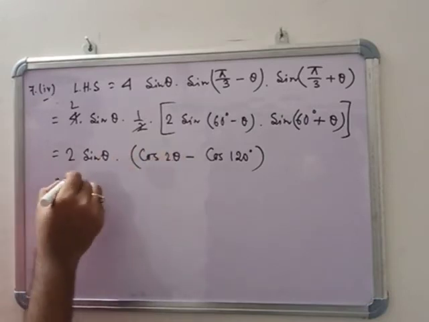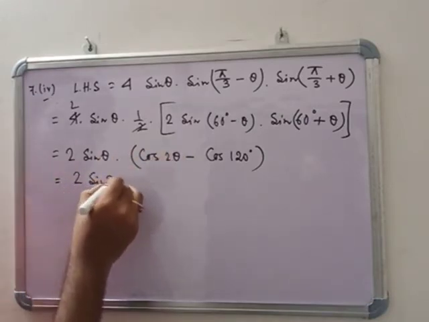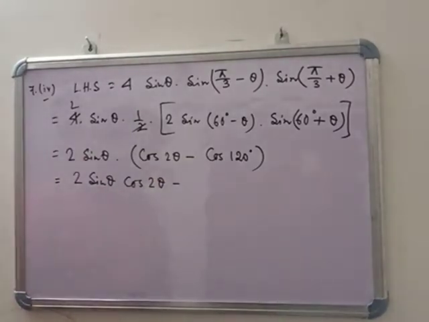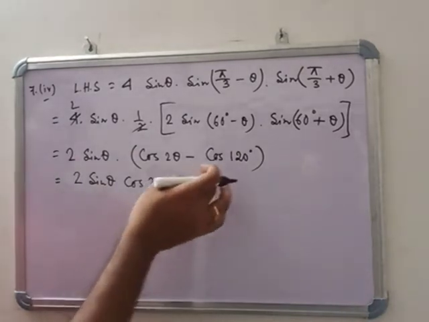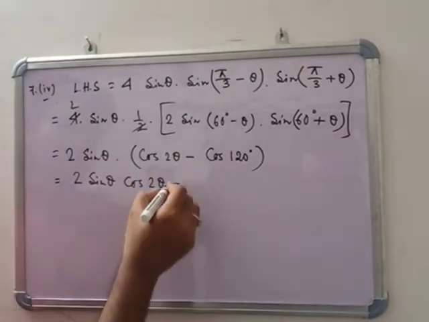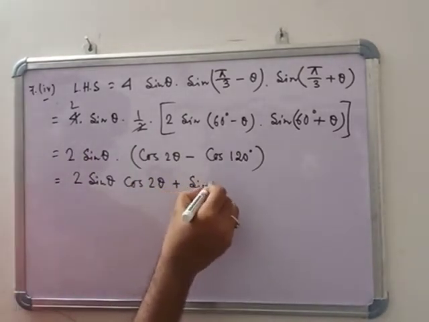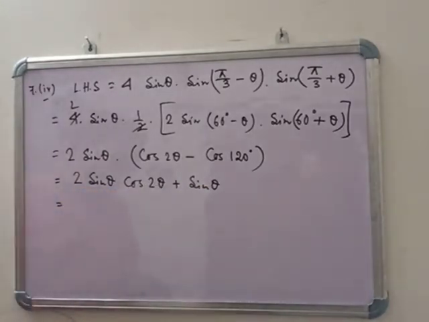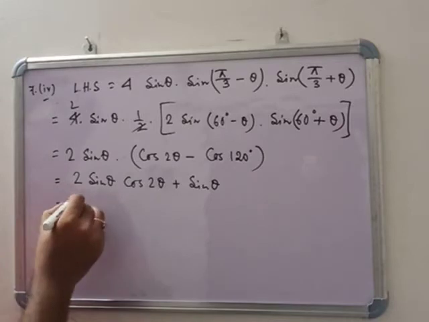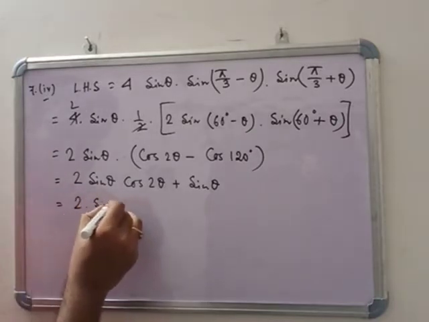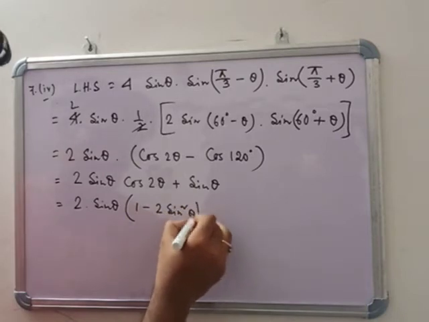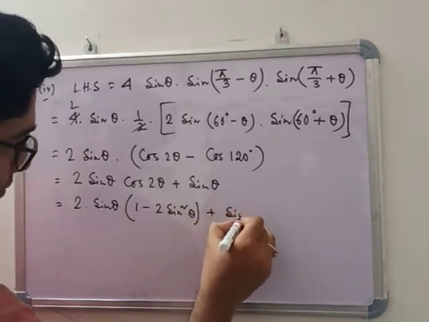So if we multiply, we get 2 sine theta cos 2 theta minus 2 sine theta cos 120 degree. That means minus half. So minus half into 2, that means 1. So plus sine theta. So now cos 2 theta means we know that 1 minus 2 sine squared theta. 2 sine theta, 1 minus 2 sine squared theta plus sine theta.